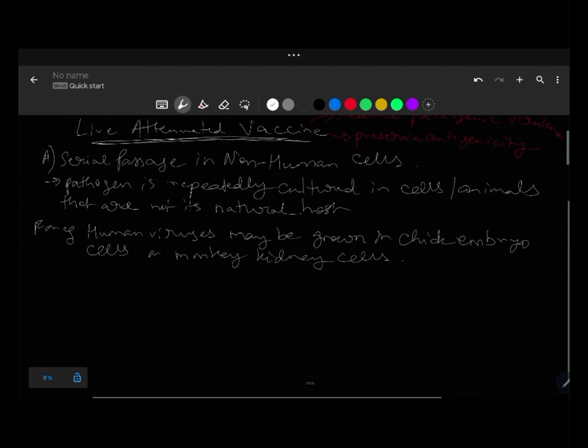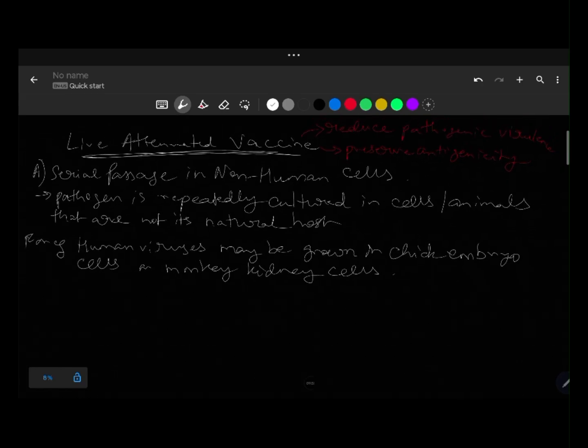You are using mammalian cells because humans are mammals, but a different mammal. In this way you are preserving its antigenicity, but because the pathogen is specific to humans, it won't affect the chick or the monkey kidney cells, so the reduction of the virulence happens.